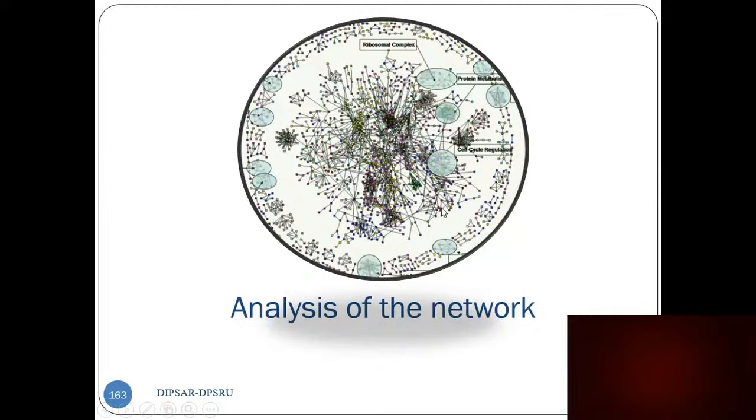There are a number of nodes, number of proteins, number of connections. As I told yesterday as well, proteins which have a lot of connections might have an important role in biological function, so you can pick that target for drug discovery and development, right?